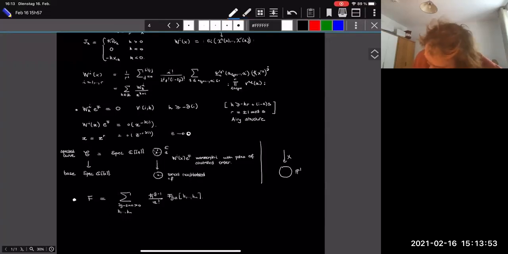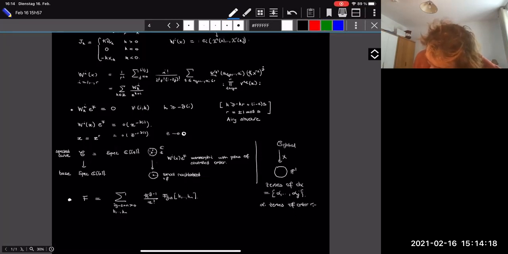Then you can look at the zeros of the X, collection of points, alpha I, and so it is zeros of order, let's say Ri minus 1, let me call them like this.